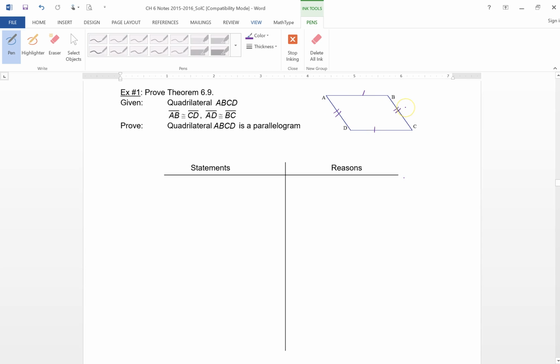So let's write that down. AB is congruent to CD, and AD to BC. This is the given.